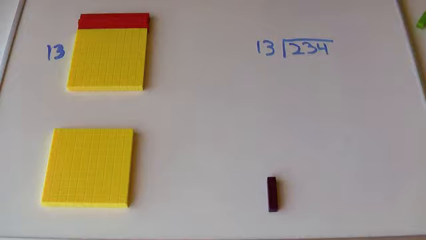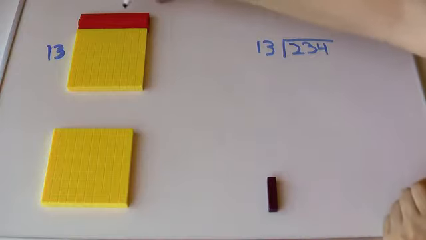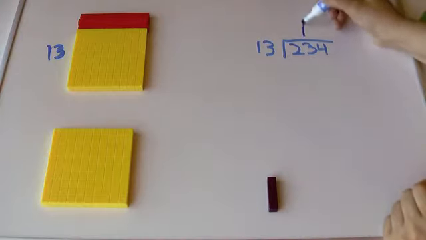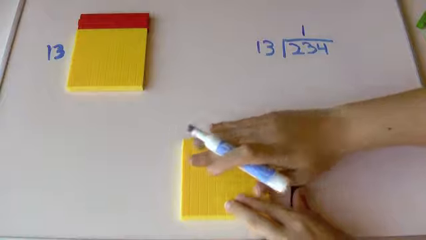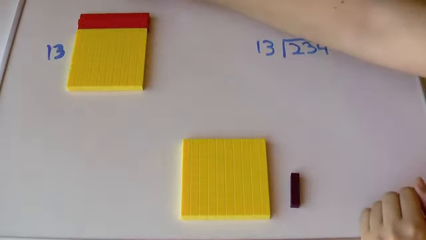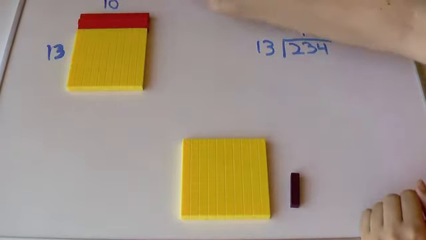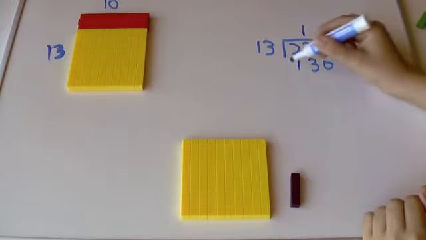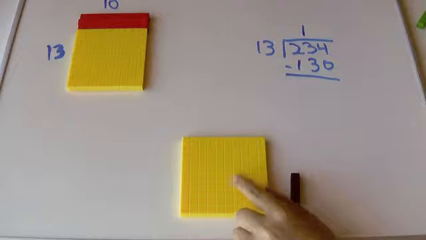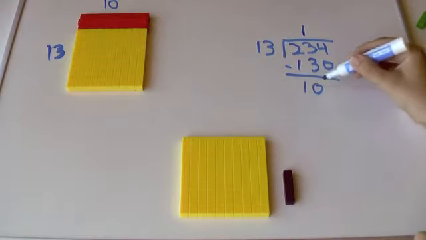So I've made a rectangle with 13 on one side, and I've gone across 10. 1 in the tens spot. And so how much did I take away from my 234 that was down here? I took away 13 times 10, which is 130. And now I have left 104.